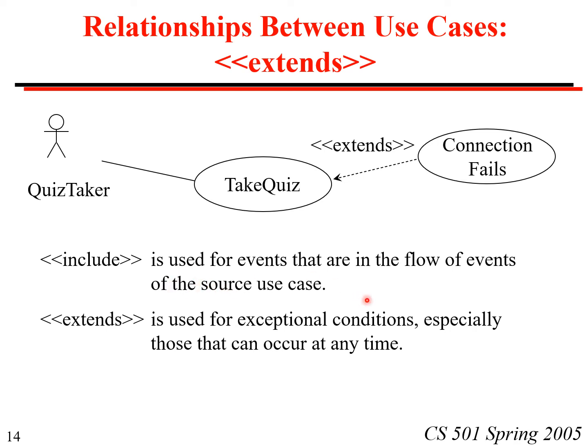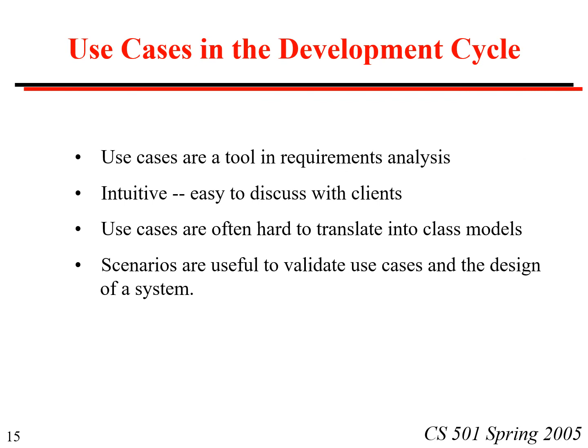Include is used for events that are in the flow of events of the source use case. These are the mandatory part, but extend is used for exceptional conditions, especially those that can occur at any time. Connection fail can occur at any time, but it is not mandatory that it will be there all the time. So it is optional, exceptional. Extend.